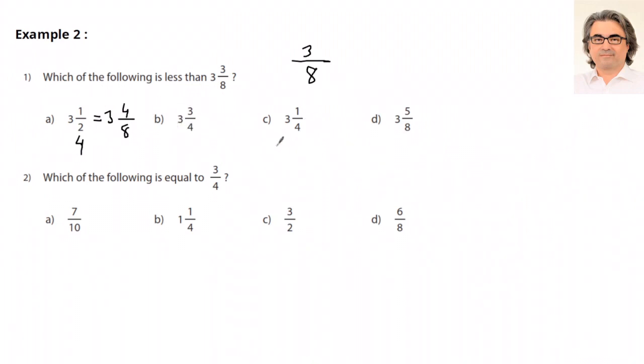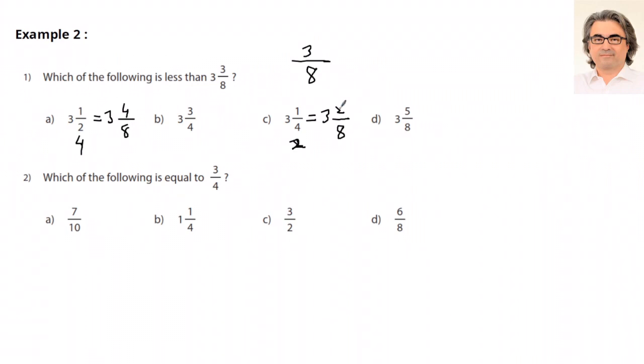What about this one? I should compare 1 over 4 with 3 over 8. Equalize denominators at 8. 3 and 2 times 1 is 2. 2 times 4 is 8. Now, as you see, I should compare 2 over 8 with 3 over 8.